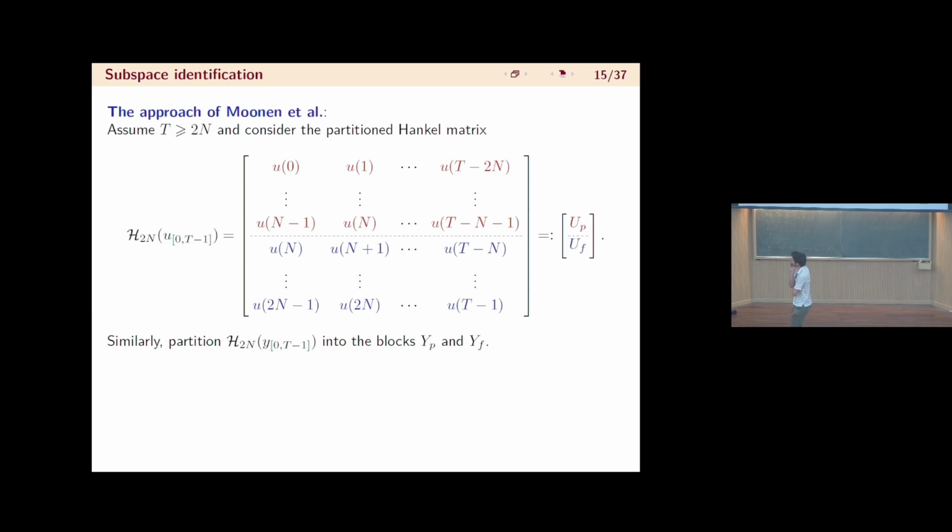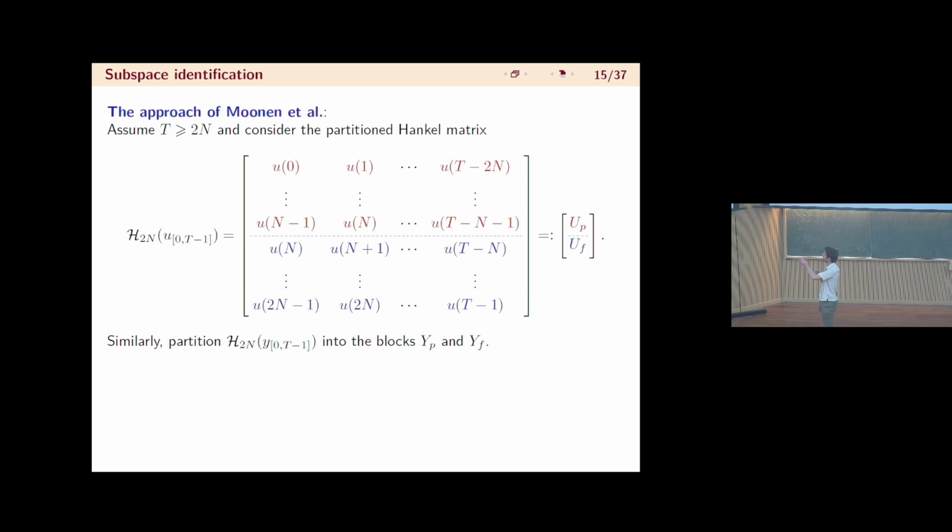Moonen and others came up with the following approach. Let's assume that the time horizon of my experiment, so T, the number of data samples, is larger than or equal to 2 times n, 2 times the upper bound on the state space dimension. Then I create this Hankel matrix of the inputs of depth 2n, so we have 2n block rows in this Hankel matrix. Now what we do is we split this Hankel matrix in 2 parts.